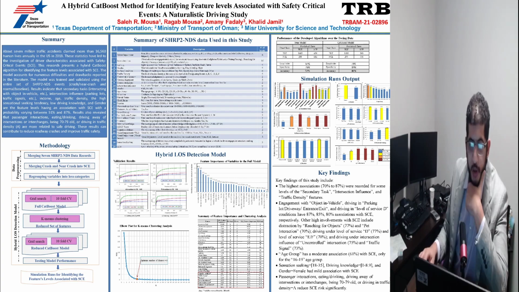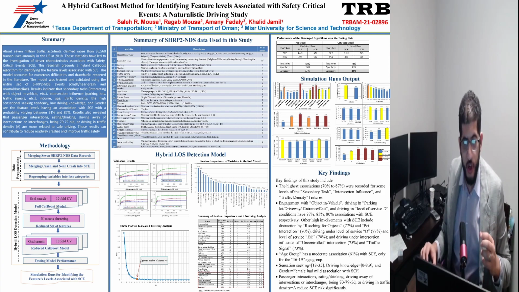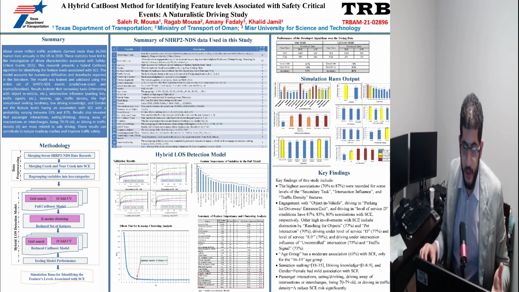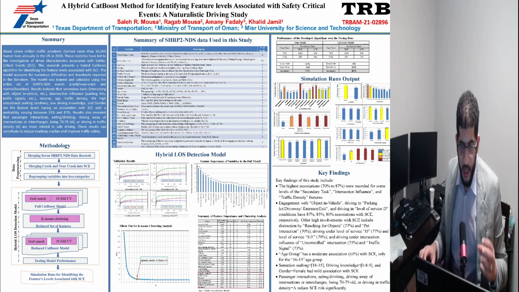It's important to note that when we say mild, it means that there is an association. It's just small, but compared to the other feature levels, for the sensation seeking scores lower than 18, for driver knowledge above 8.9, and for males, there is almost no association with safety critical events. So we can deduce that these feature levels are more associated with safety critical events.